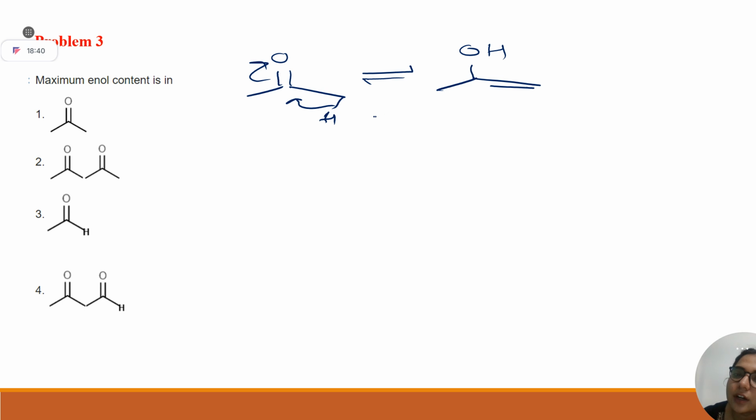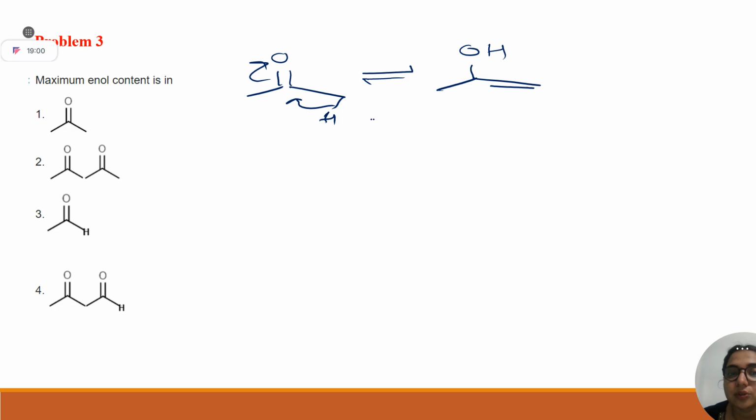Are these two structures resonance forms of each other? No, ma'am. If you know the rules of resonating structures, no. Why? Because in drawing resonating structures, you can't change the position of an atom, right? Here, hydrogen is displacing from carbon to oxygen.